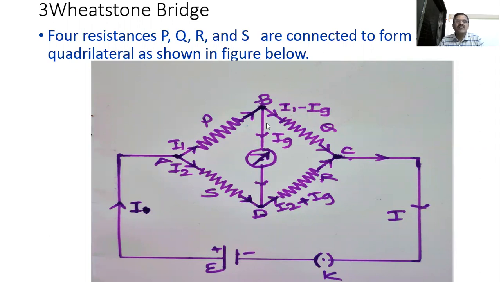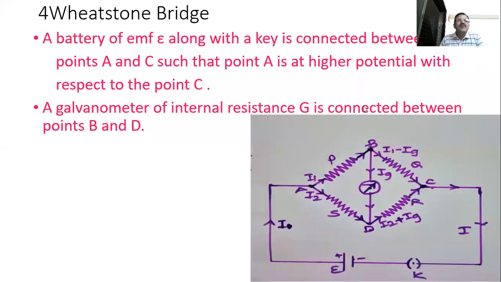So in Wheatstone's bridge, there are four resistances, resistance P, resistance Q, resistance R and resistance S. These four resistances are connected to form a quadrilateral ABCD, like this.